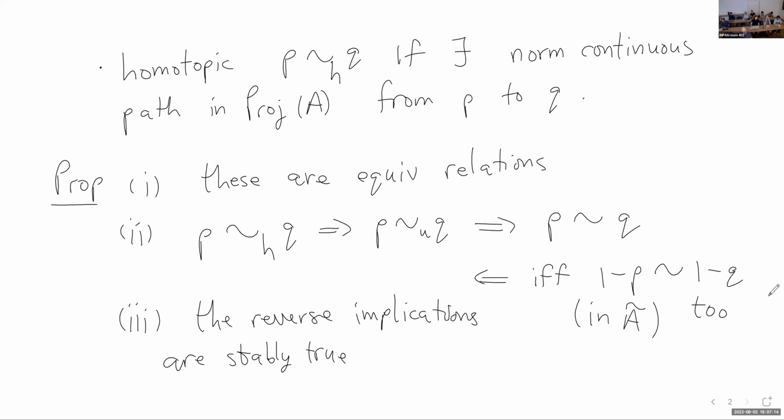What I mean is that if, for example, P is unitarily equivalent to Q, then in the 2x2 matrices they are homotopic. So P being unitarily equivalent to Q implies that P⊕0 is homotopic to Q⊕0. And similarly for the other one, if they are Murray-von Neumann equivalent, then these amplified in 2x2 matrices are unitarily equivalent.